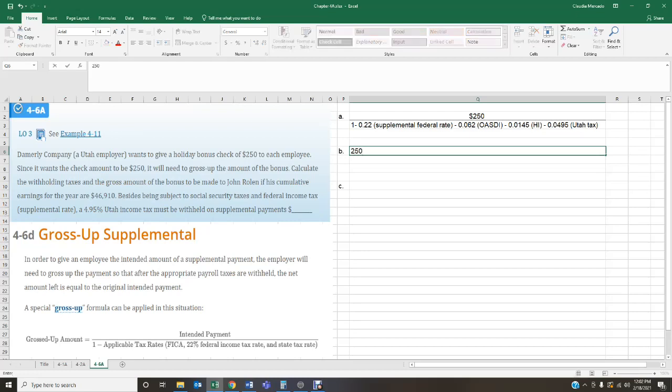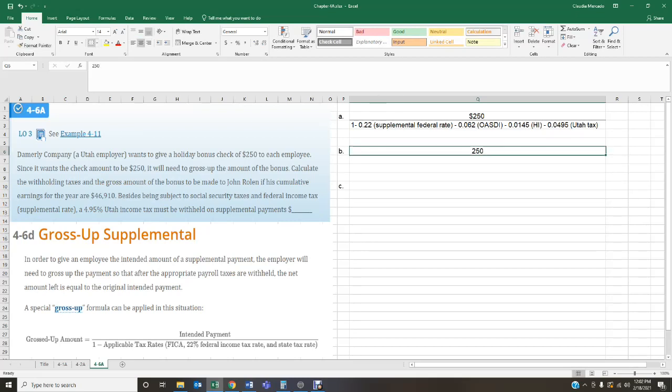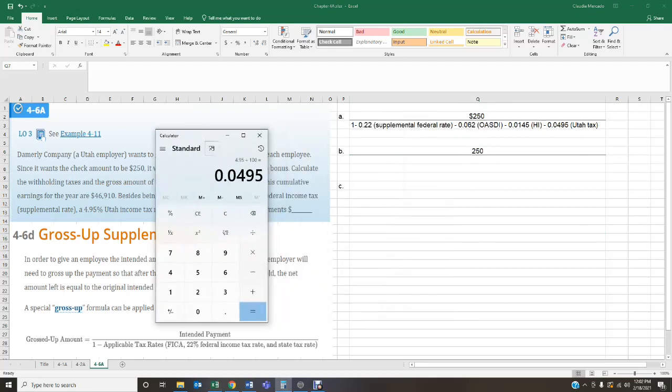That's going to be 250 divided by, let's get our calculators out, 1 minus 0.22 minus 0.062 minus 0.0145 minus 0.0495.